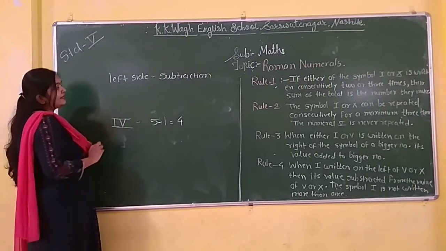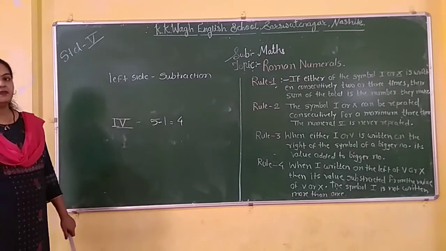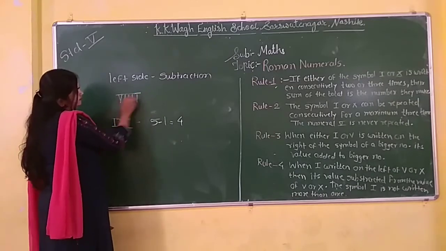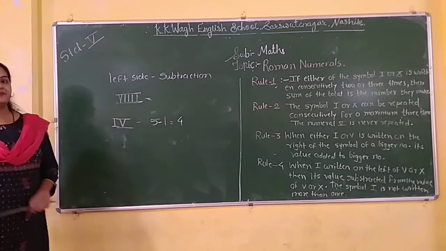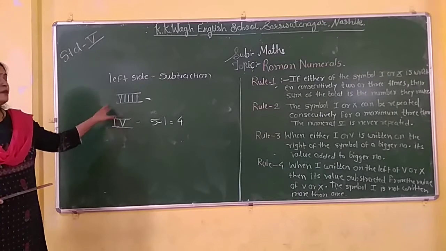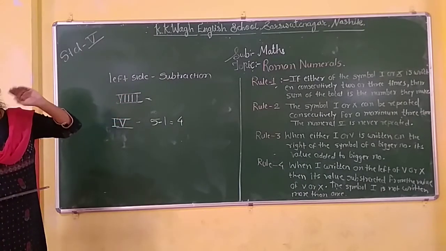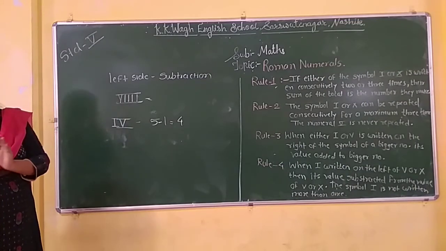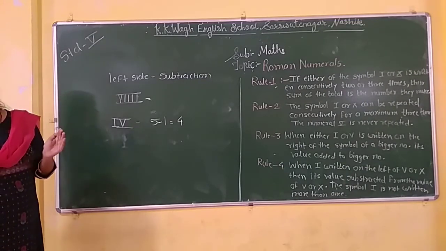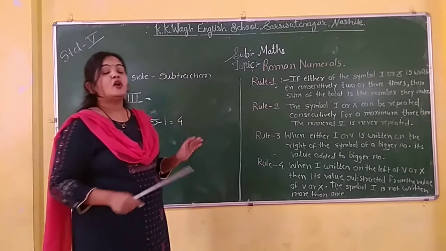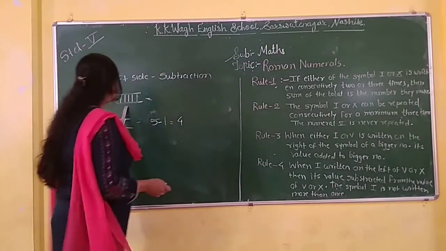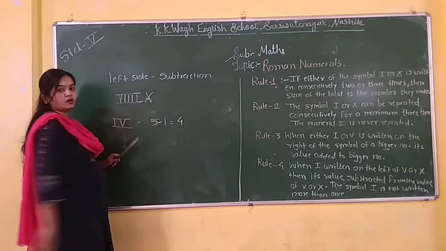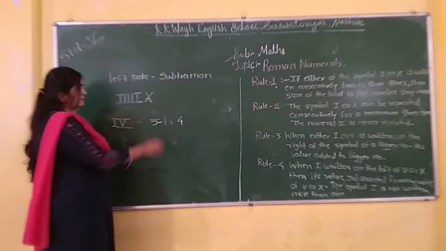If I want to write number 9, how can we write it? Is this correct? No. Why? Because of the first rule. We cannot write the same symbol consecutively more than three times, not 4 times. So this is number 8, and this one for number 9 is totally wrong. So how can we write the number 9?